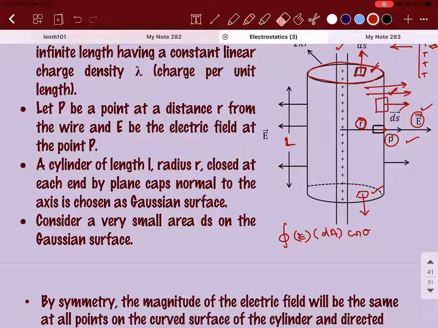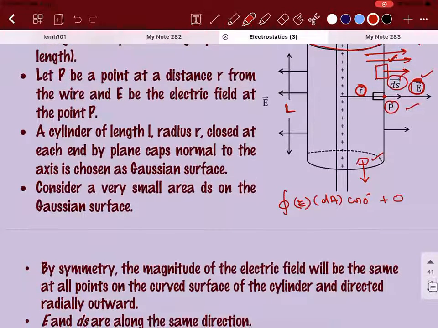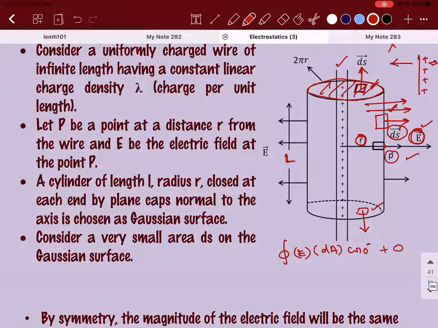Electric field and area vector on the curved surface are parallel to each other. Plus, the electric field with respect to the two other areas on the flat surfaces is perpendicular. So the electric flux through the top surface and the bottom surface is going to be zero.